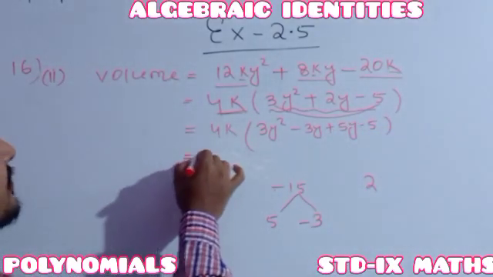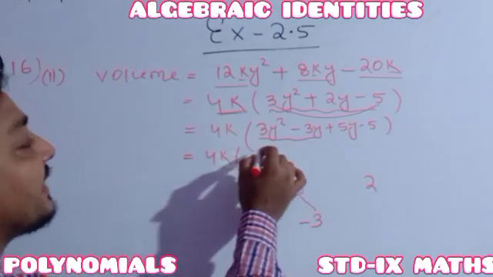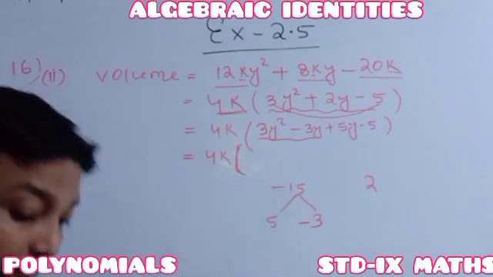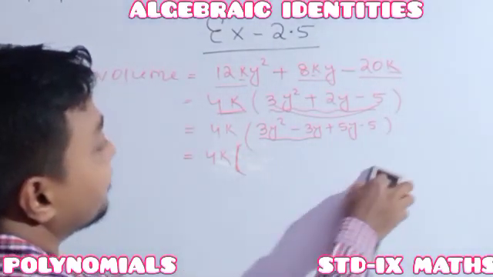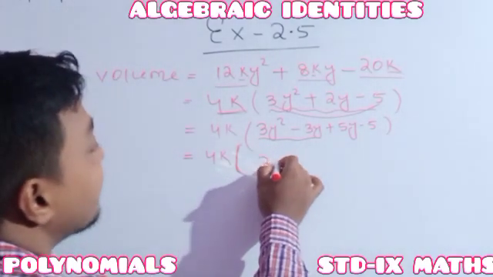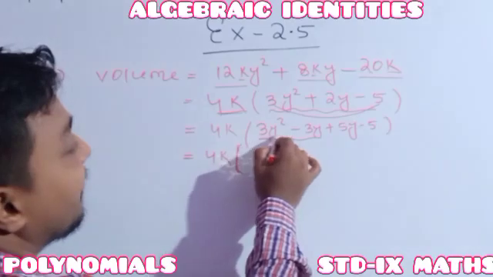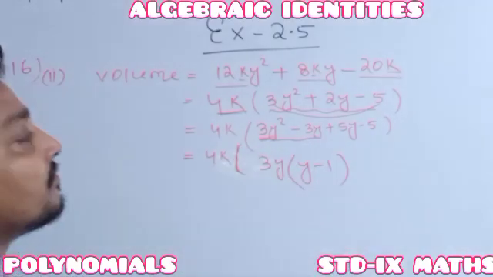In the next step, it is our 4k. From the first two terms, I can take 3y as the common. After taking 3y, only y minus 1 is left within the bracket.